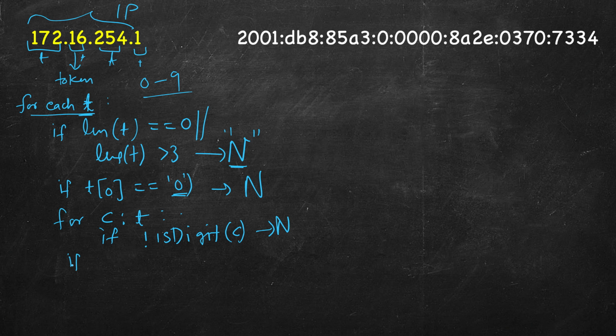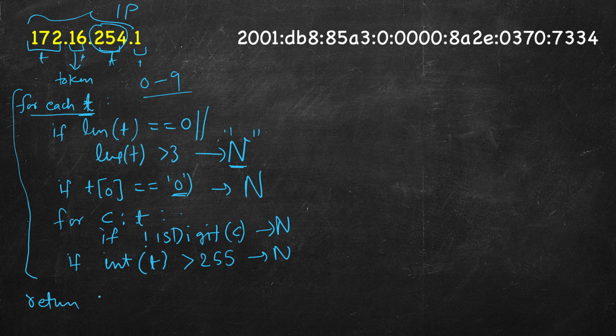And if it's valid, everything is digit, there are no leading zeros, and its length is also within this range, now we will check whether its integral value is between 0 to 255 or not. So if this is more than 255, again we return neither. So this we check for each of the tokens, and finally we will return IPv4, that is it is a valid IPv4 address.